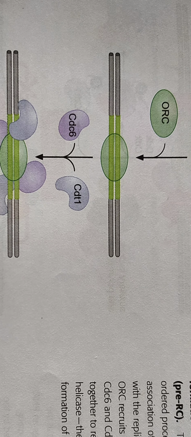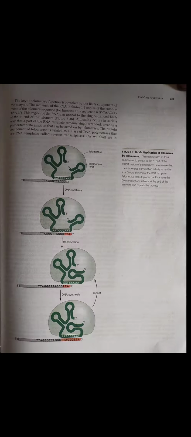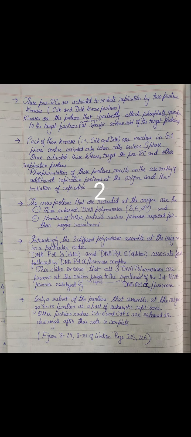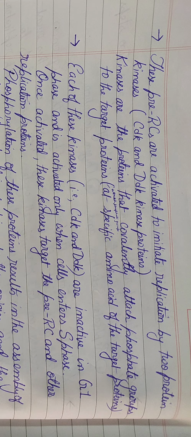Let us move forward. So this pre-replicative complex can only function after the cell has reached the S phase of the cell cycle. But how? There must be some proteins regulating this function.